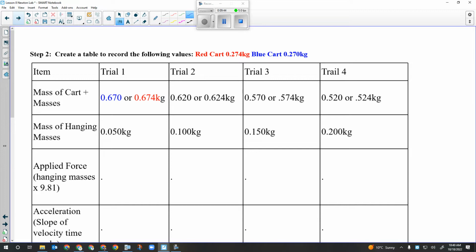Why do I want to make sure that the force is always acting from dead center? If I pull it in any direction other than straight forward, there's grooves here. It's going to pull it to the side, it's going to pull the wheels into the groove, and that's going to produce more friction. I don't want that. I want to reduce friction as much as possible here.